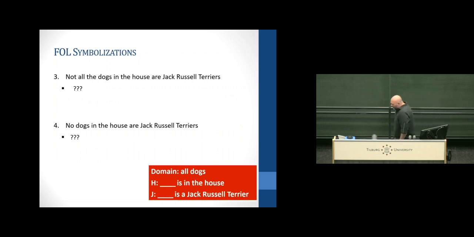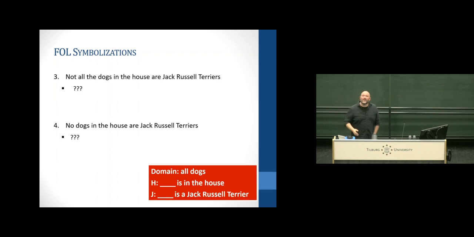So, if we think about not all dogs in the house are Jack Russells, what does that mean? When is that the case? Well, one way for that to be the case is that there's some dog that's in the house that's something else, right? A Chihuahua, a Pit Bull, a Dachshund. I don't care.